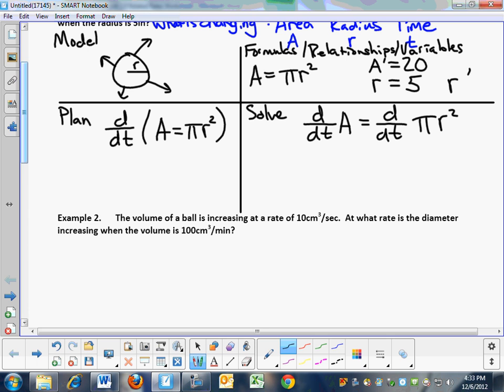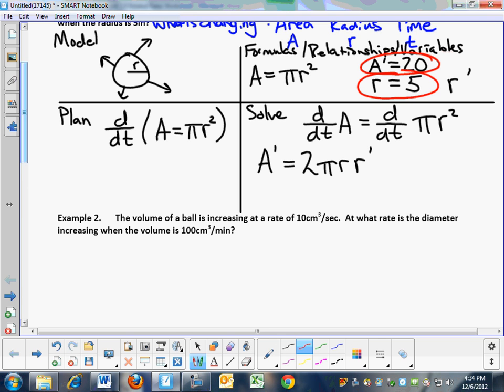What is the derivative with respect to time of A? You guys know, because we've used implicit differentiation to solve these type of problems, we get A prime. Derivative of pi r squared, 2 pi r, r prime. Now that we have that equation, as we've taken the derivative, we can plug in the pieces we know. Area prime, 20.